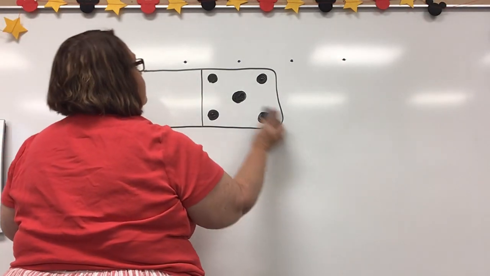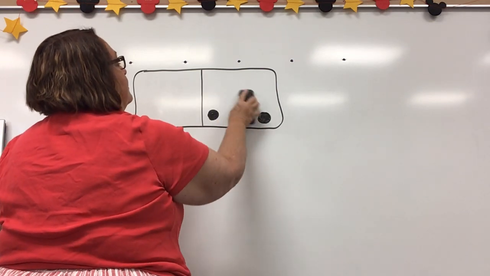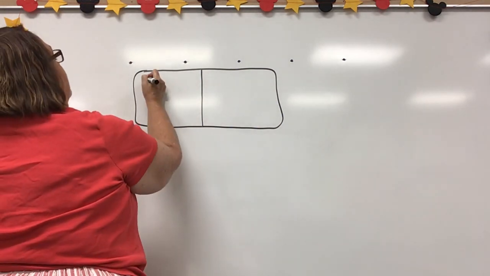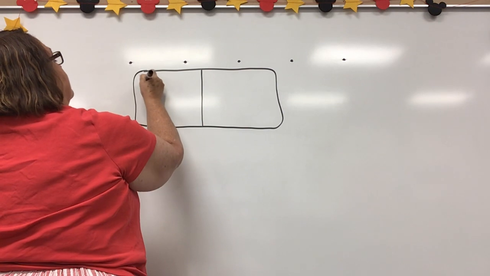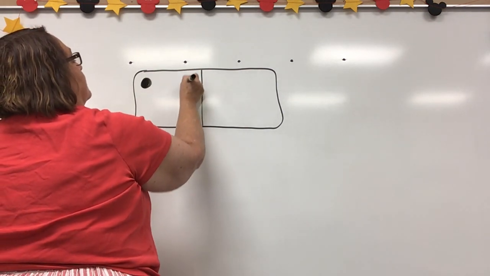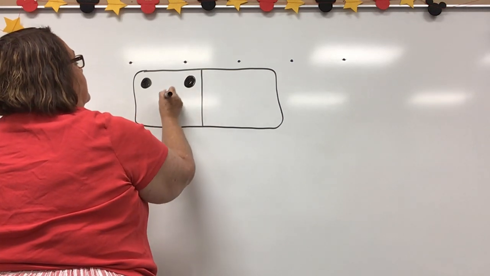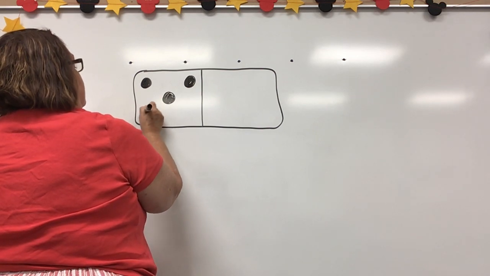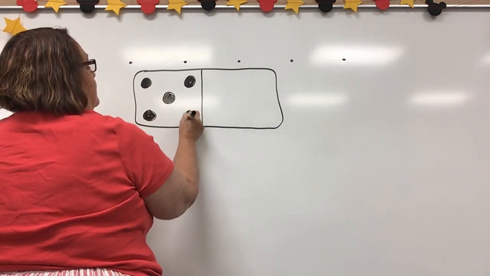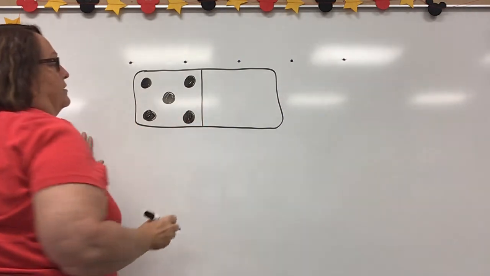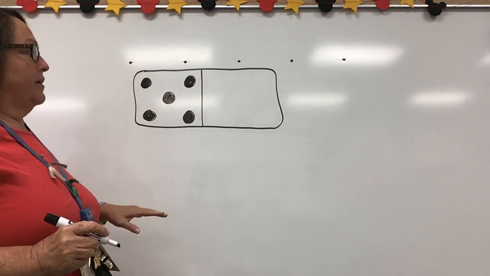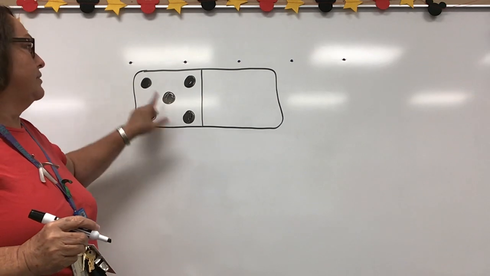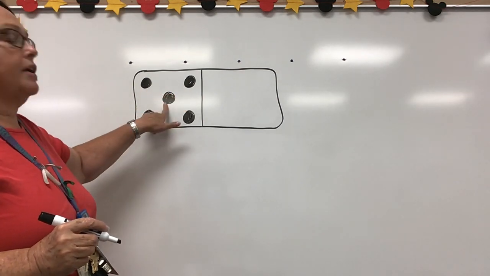What if those dots looked like this instead? Remember how many I just had up there? So I'm going to try to draw it over here to look the same. Okay. There, I tried to draw it to look the same. How many dots on this part of the domino now? 1, 2, 3, 4, 5.